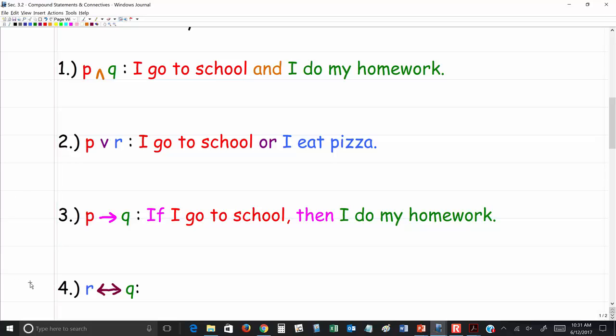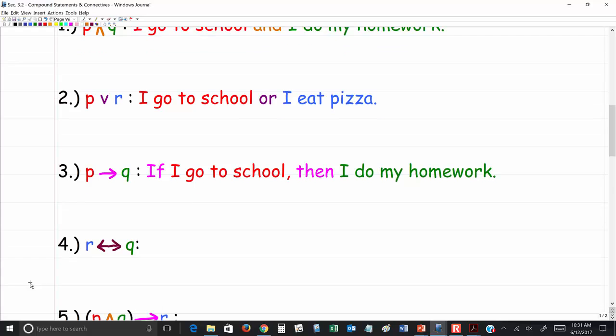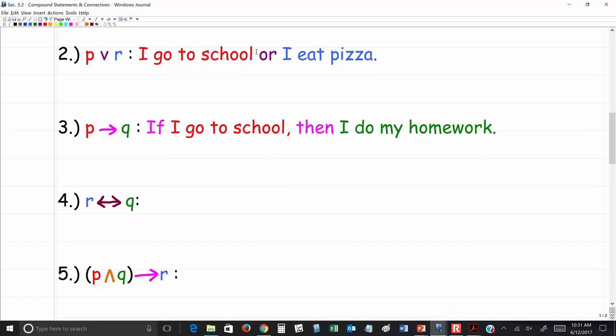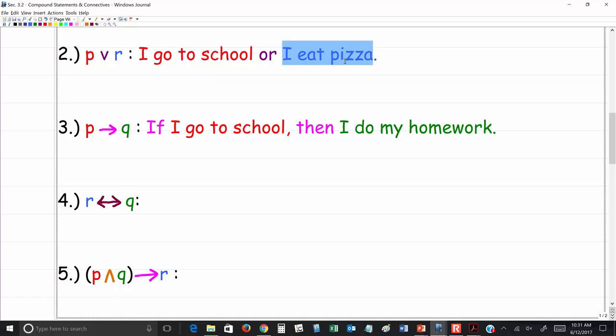And then number 4 is R, if and only if Q. So I eat pizza if and only if I do my homework.